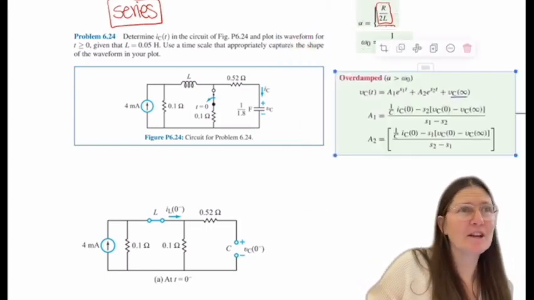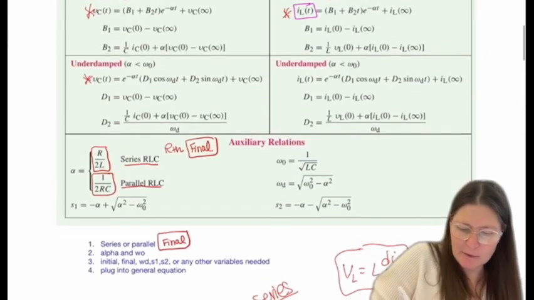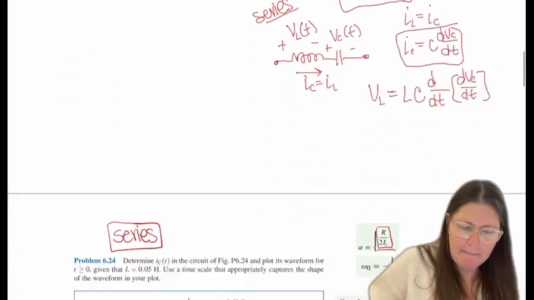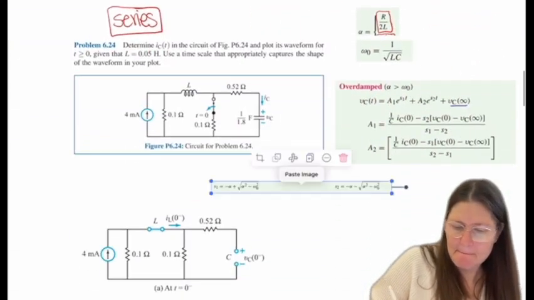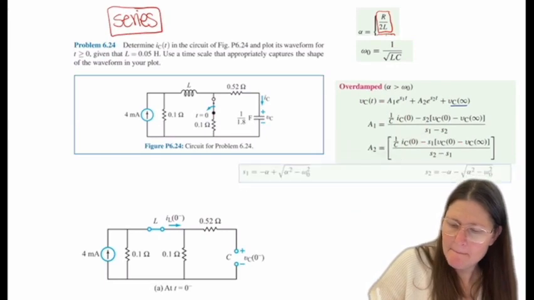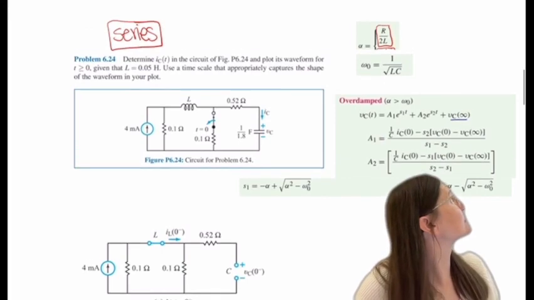So make sure you do find that it's overdamped, and then you're also going to need S1 and S2 for this one. So those would be your set of equations.